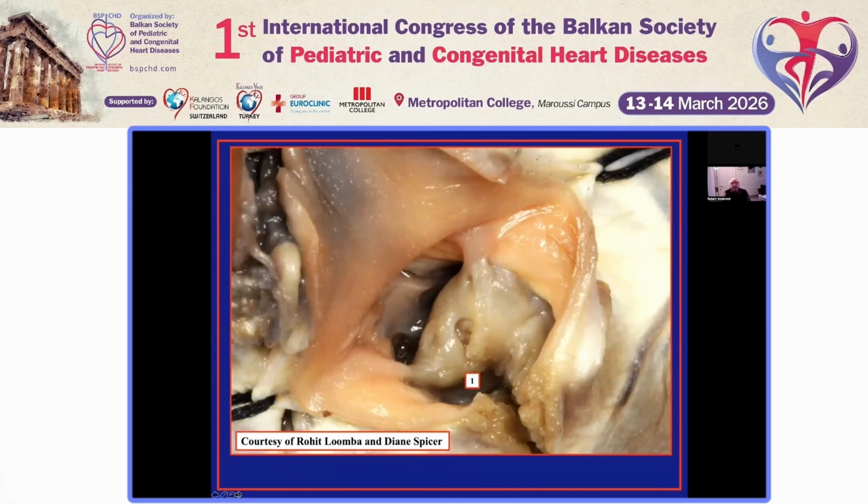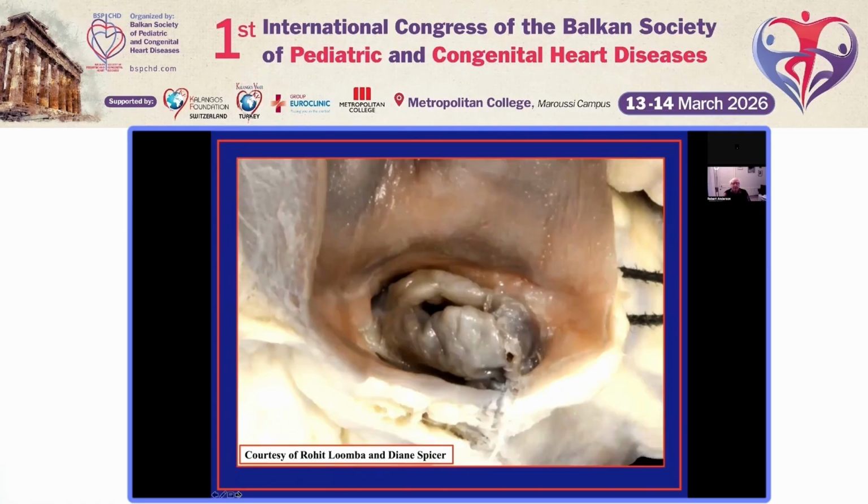Sometimes, however, we have the arrangement where we have three sinuses with uniform commissural fusion, giving us the volcano arrangement as we saw in that critically stenotic pulmonary valve, this time a critically stenotic pulmonary valve coexisting with tetralogy of Fallot.